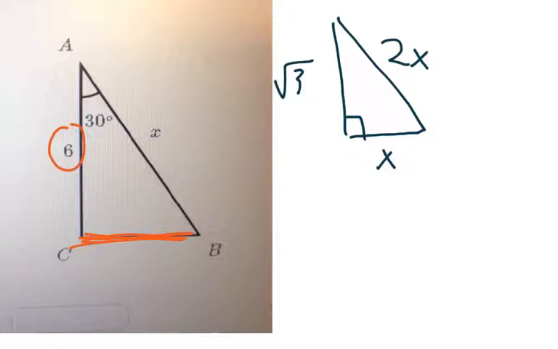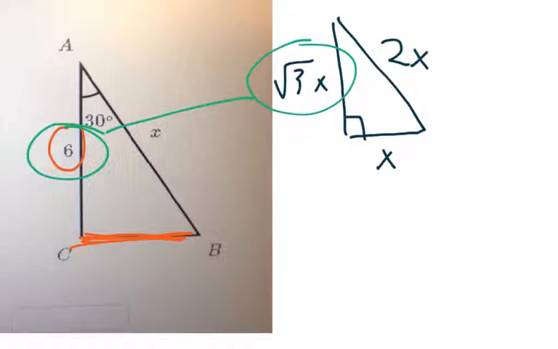Square root of 3 times the x side, the short side. Correct? So, notice, guys, I'm just going to set up a little equation right here to find my x side here. Now, let's not confuse it with the x they gave us here. That's a hypotenuse, okay? But we're going to find all three sides just to make sure we understand.